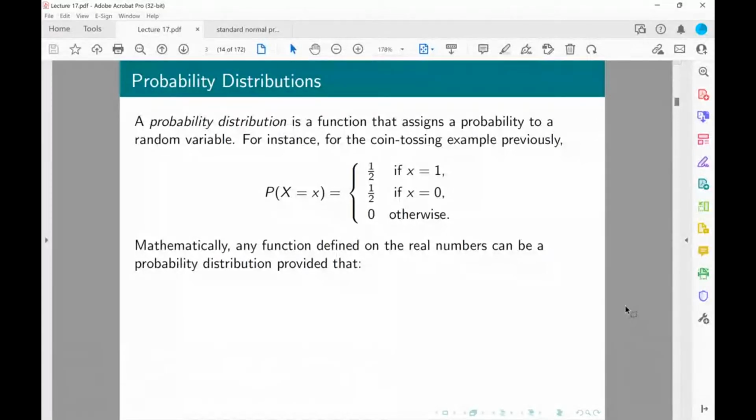Maybe I'd say on the safe side you should include it, 0 otherwise. Sometimes you might want to consider when x is 2 for various theoretical reasons, and so it's useful to say that this is explicitly 0 rather than just ignoring it. But that's just a bit of a technicality, so I wouldn't worry too much about it.